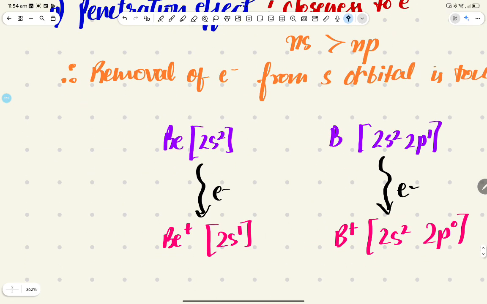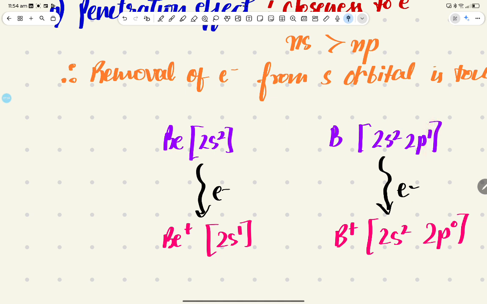2p1. Now here in this case, you can take the electron out from either the p orbital or the s orbital. As you know, the s orbital is closer to the nucleus, which means the force of attraction will be more, which means Z effective will be more, and therefore it's difficult to get the electron out of an orbital which is closer to the nucleus.